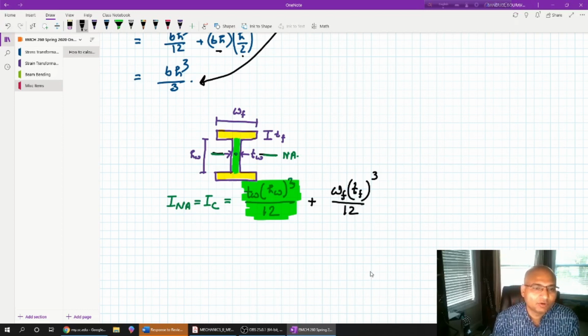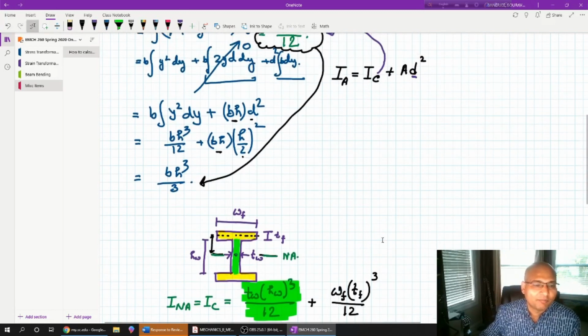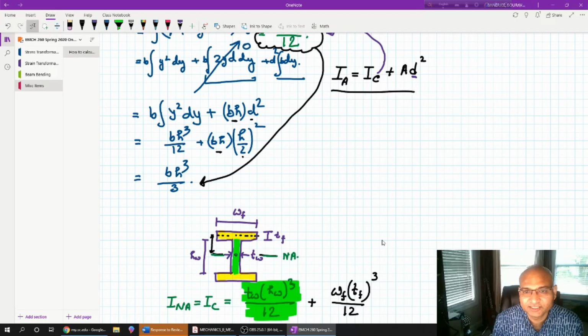But this formula is valid for an axis which is passing through the centroid of the flange part, but that is not the moment of inertia of this section with respect to this green axis. So I need to have a formula for the parallel axis theorem. If you see, this particular formula that we discussed here is called the parallel axis theorem.